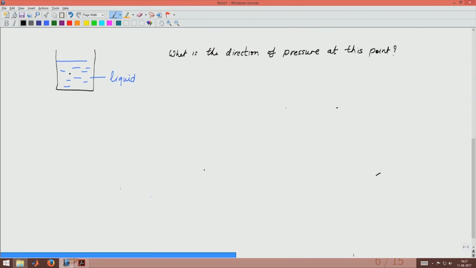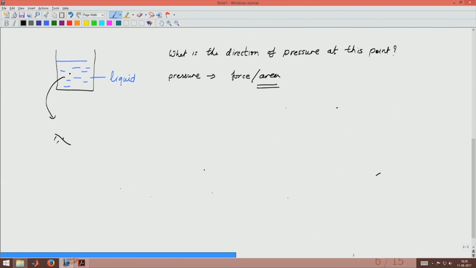The answer, of course, we know from school definitions is that pressure is uniform in all directions, or it is the same in all directions. But central to defining pressure, because pressure is nothing but force per unit area, is an implicit assumption that you are defining an area. Only when you define the area is it possible for us to define a pressure. So, generally whenever we want to define pressure at this point, let me take this point and redraw it again.